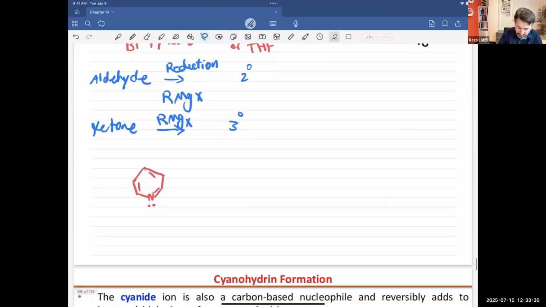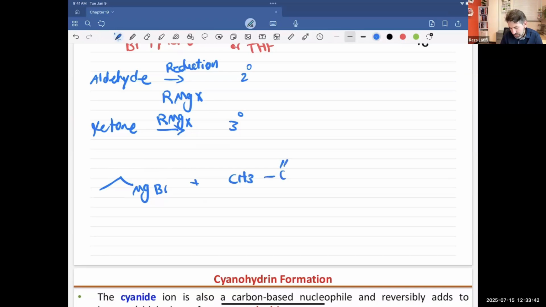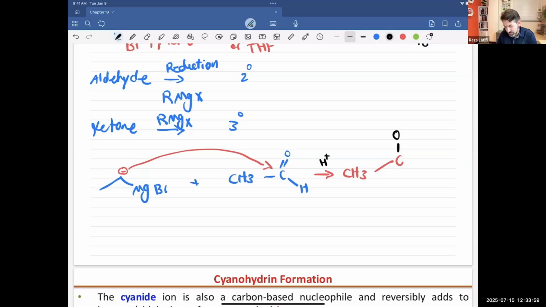So now I will have such a reaction. Let me erase this one. I have MgBr, which is going to react with ethanal. This carbon with a negative charge is going to go after the carbonyl, and it will give me CH3 C, now I get O with a negative charge. We add H plus also to the solution.